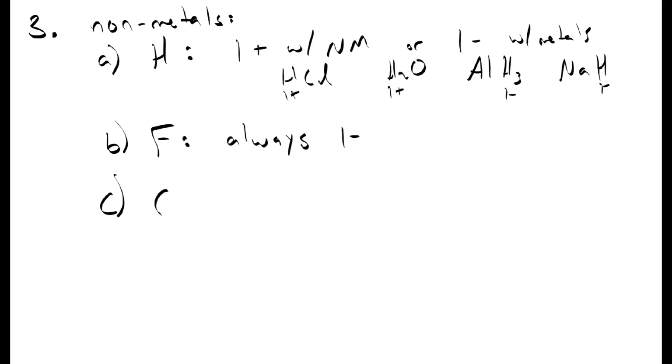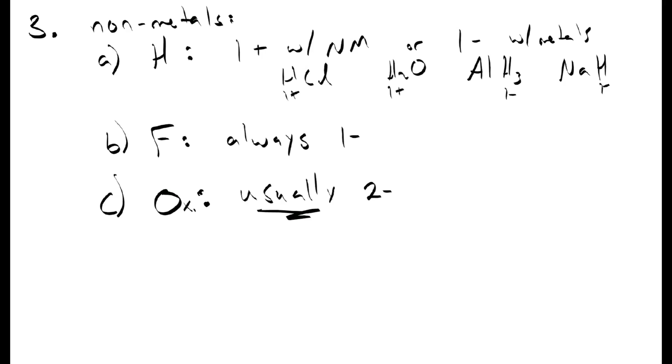Here we have oxygen. Okay, so let's go ahead and put ox. Usually 2 minus. Okay, oxygen is the second most electronegative element out there. It really, really wants to be 2 minus, and it usually is. Okay?